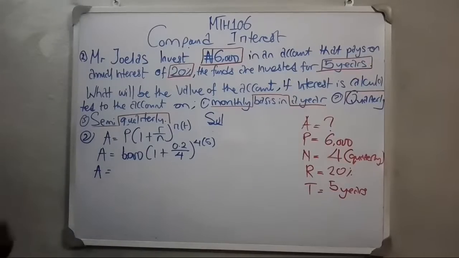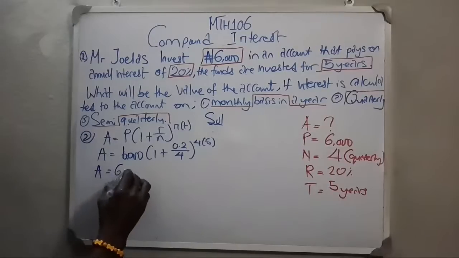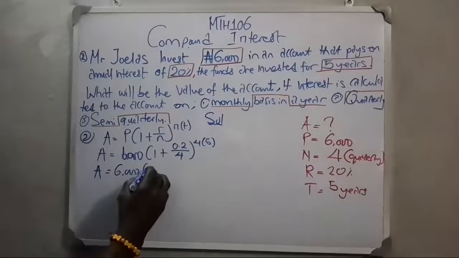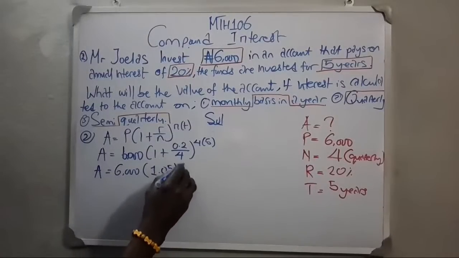So we have 6,000. I have 0.2 divided by 4 equals 0.05, plus 1 equals 1.05.